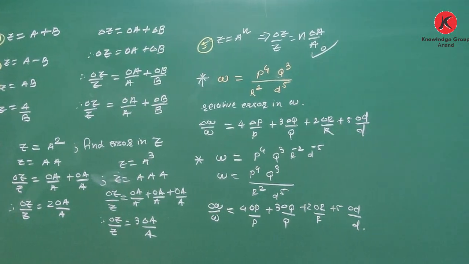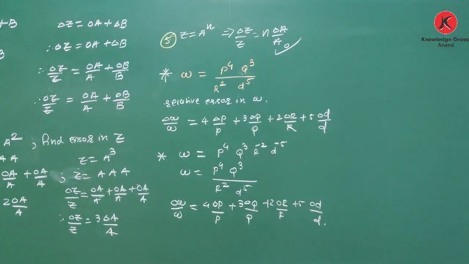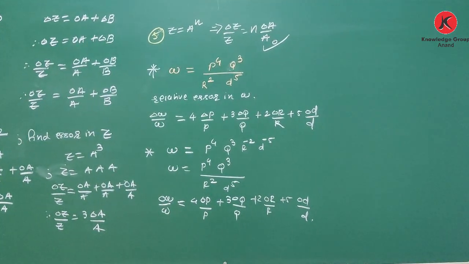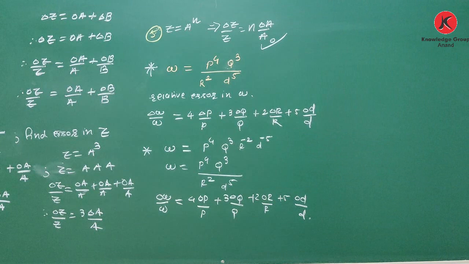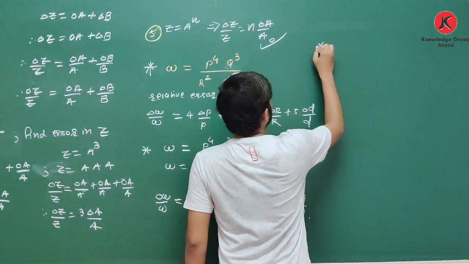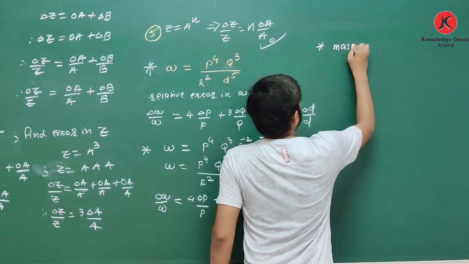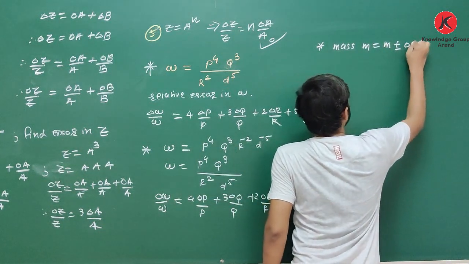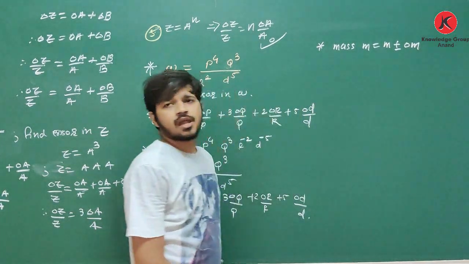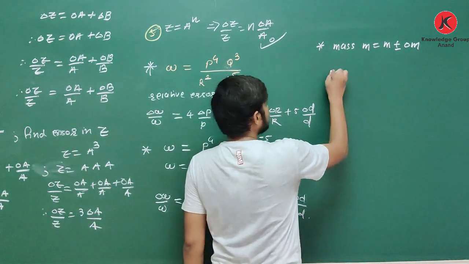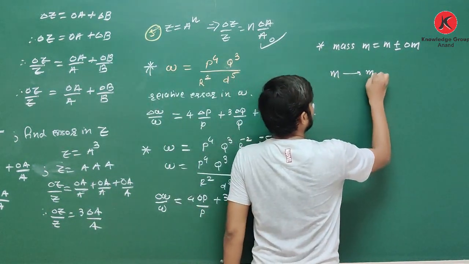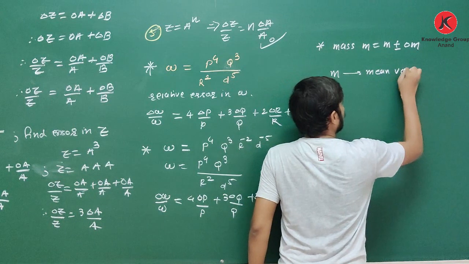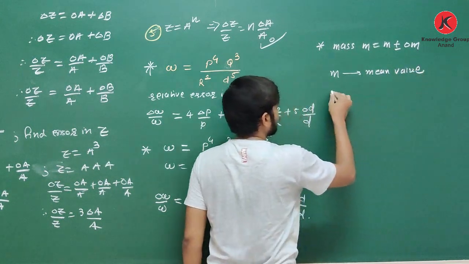See, if you are given a physical quantity, mass, like this: mass m is equal to m plus or minus delta m. Then this m is called the mean value or average value or true value.